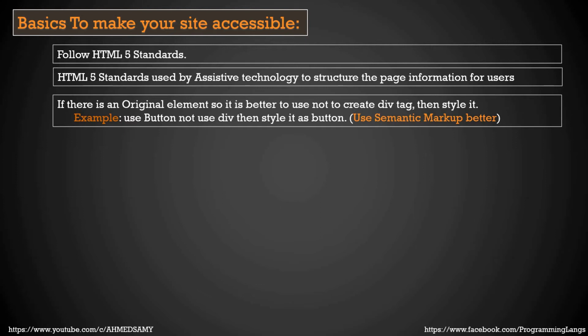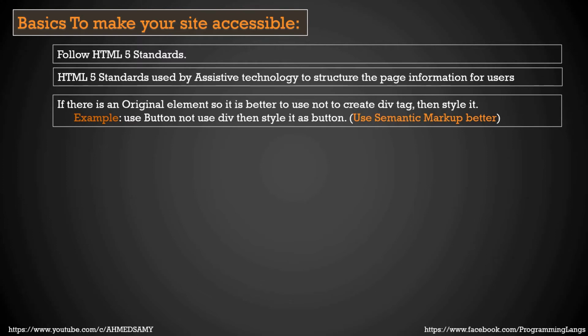One of the things, for example, if you want to use a spin number to increment and decrement a number, you can use an input, give it a type of number, and then give it a step attribute to give it the step you would like. Like you want to step ahead by 1, by 2, by half, or whatever, however you want your step to work. That will be much better than creating the whole cycle, making your own span, then styling it, which will be difficult to use afterwards.